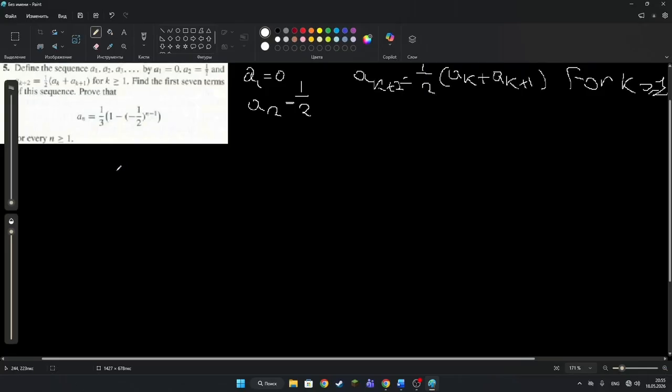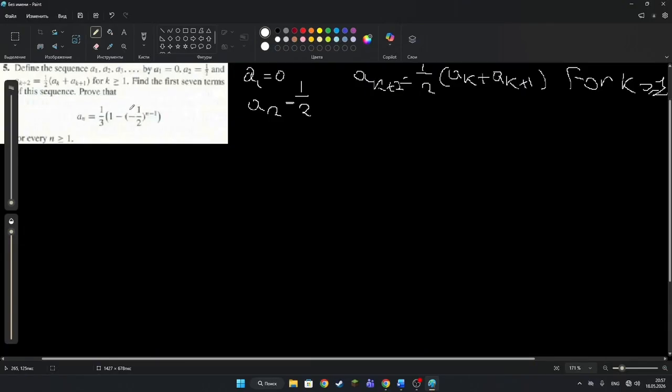So let's find the first 7 terms. We already have a1 and a2, and if we look at the formula of the sequence, we see that, for example, a3 is a1 plus a2 divided by 2.